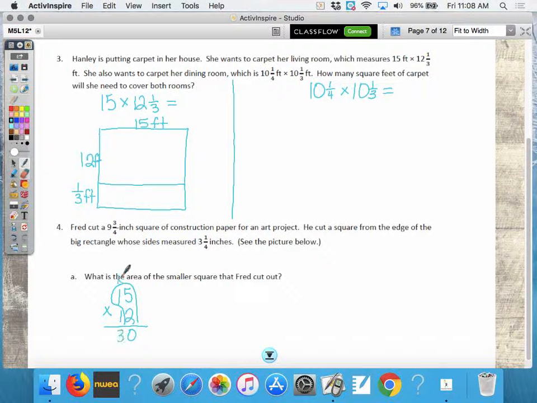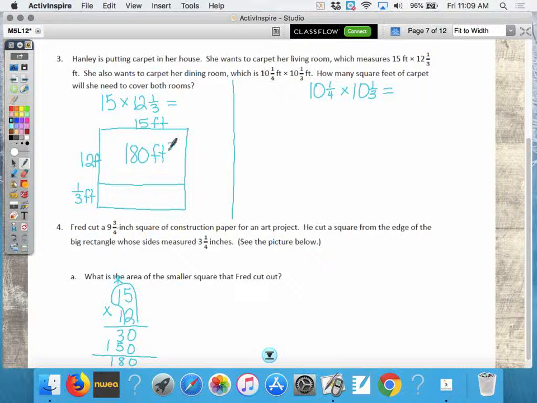Don't forget your X's and O's. Did you see I messed up? Okay, so what'd you get? 180. So 180 feet squared.